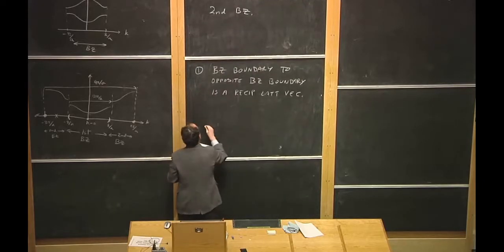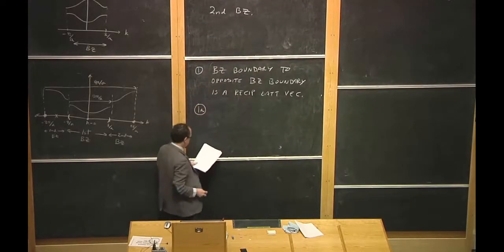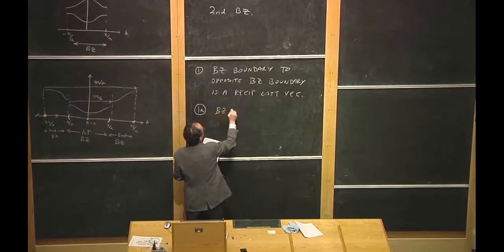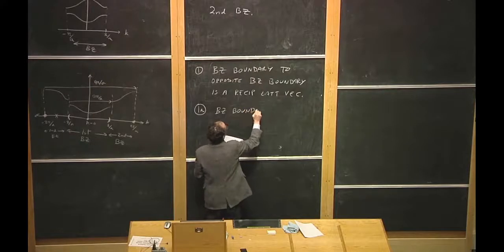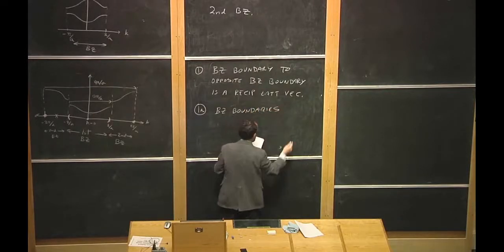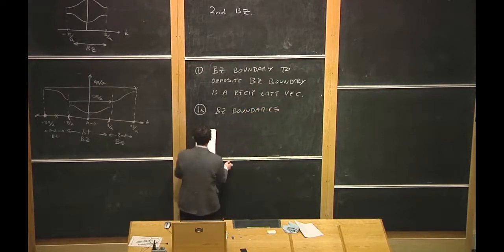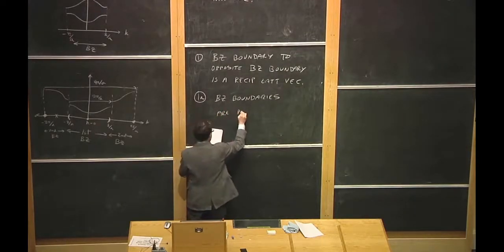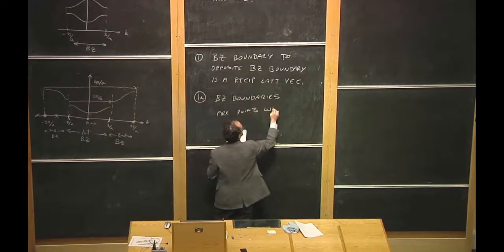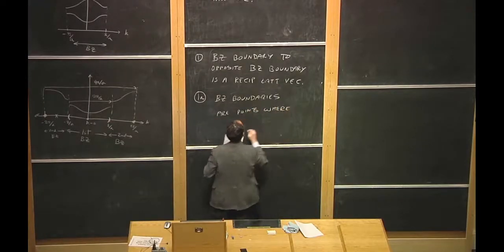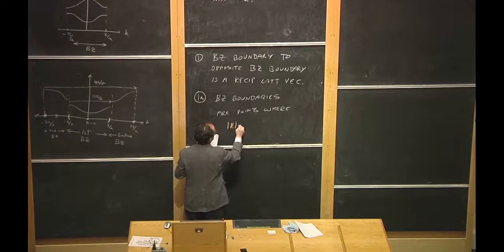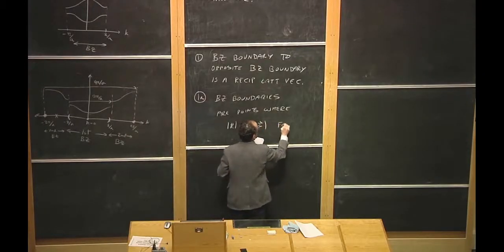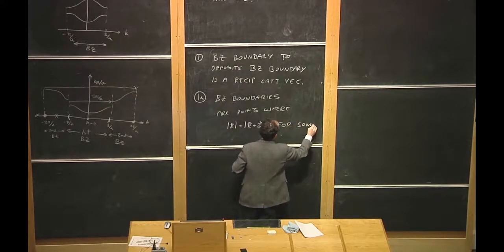Okay? There's a similar caveat, a corollary of this, or maybe it's not a corollary, but it's an almost equivalent statement: BZ boundaries are points where the absolute value of k equals the absolute value of k plus g, for some reciprocal lattice vector g.